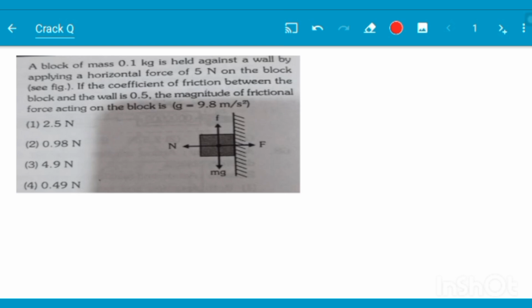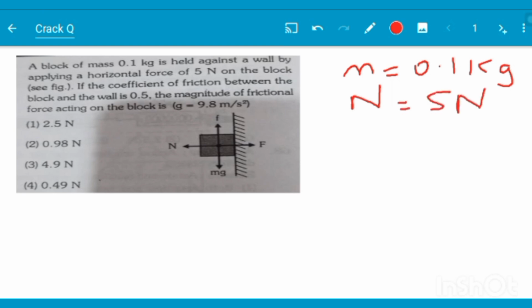In this question, a block of mass 0.1 kilogram is held against a wall by applying a horizontal force. Here the horizontal force of 5 Newton means a normal reaction. The normal reaction is the same as this horizontal force, nothing other than that.